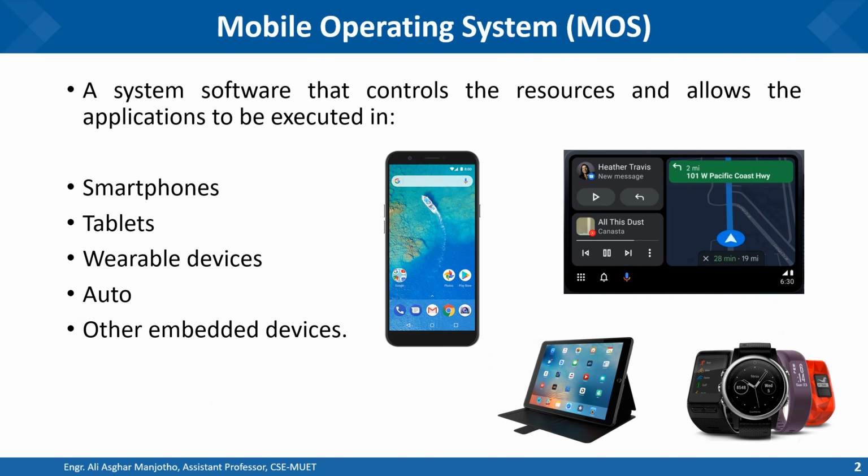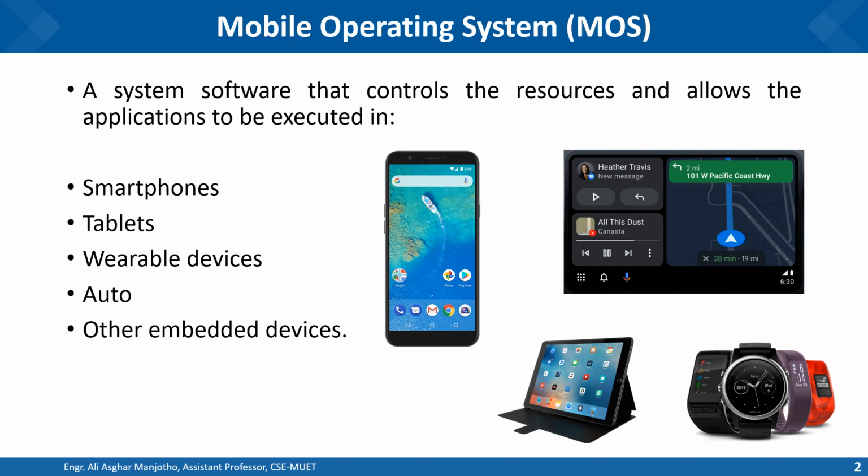So there should be some entity in between which controls all these resources, deciding at what time which particular resource should be with which application, and allowing it to be executed by that application, so that there will be no conflict between the different applications which are executed at the same time. So this whole responsibility of controlling these resources lies with the operating system.